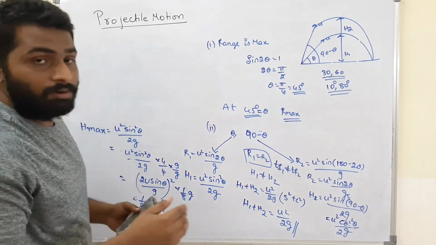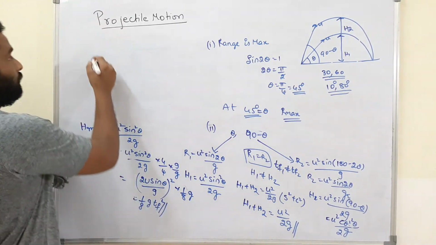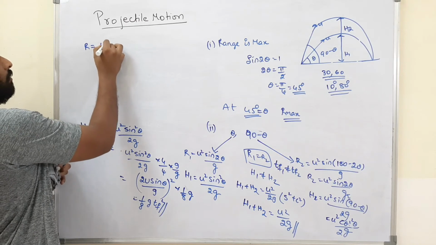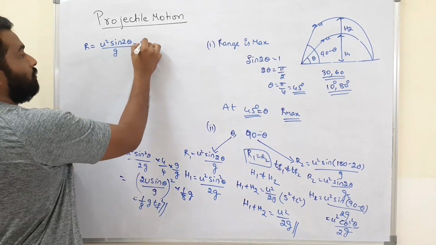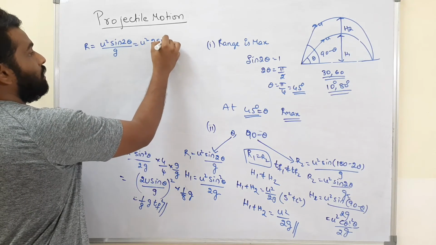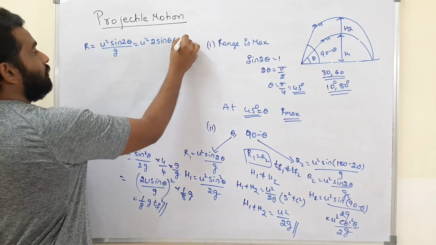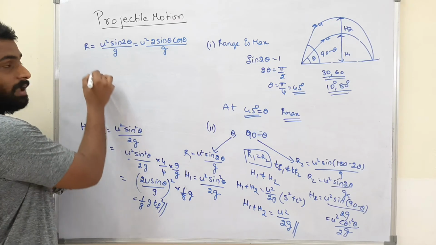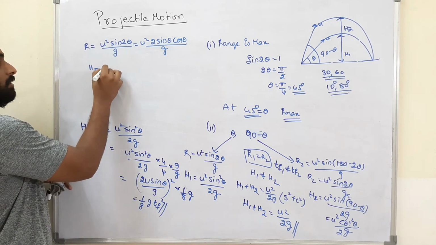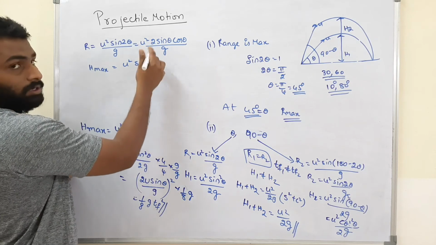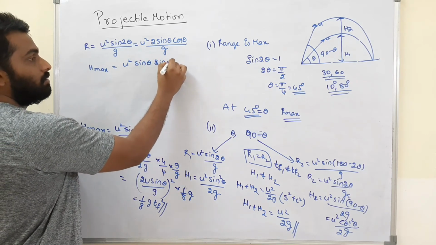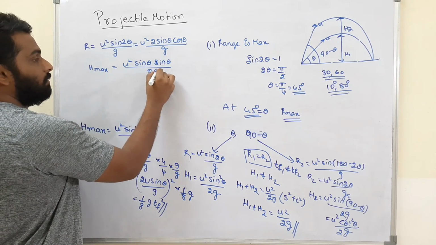What is the relation between range and height? What is the range? U square sine 2 theta by g, that is nothing but u square 2 into sine theta cos theta by g. What is the maximum height? The maximum height is nothing but u square sine theta whole square, that is sine theta into sine theta by 2g.